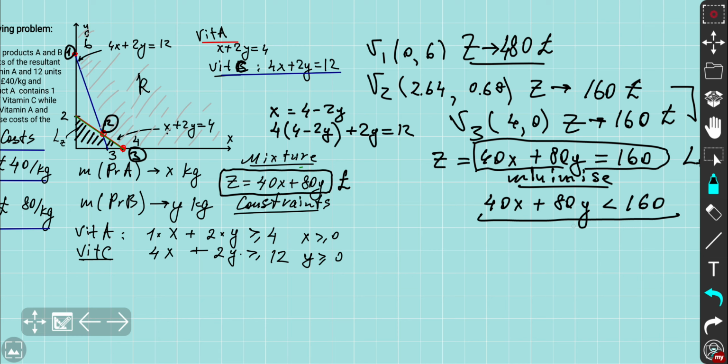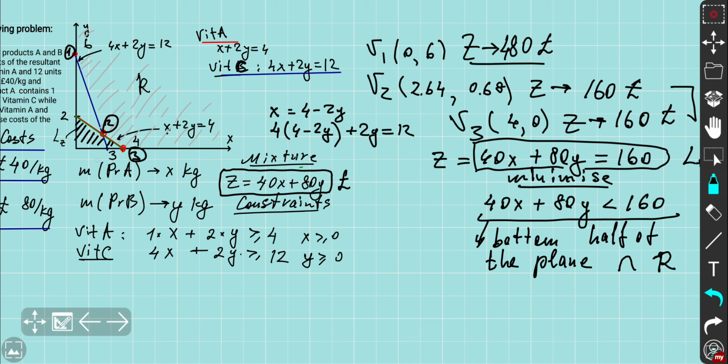We consider this the bottom half plane, and we need to analyze whether this half of the plane has any common points with our region R, shaded with gray.